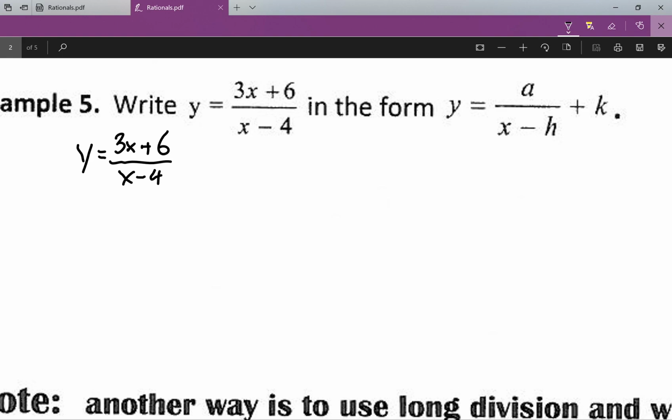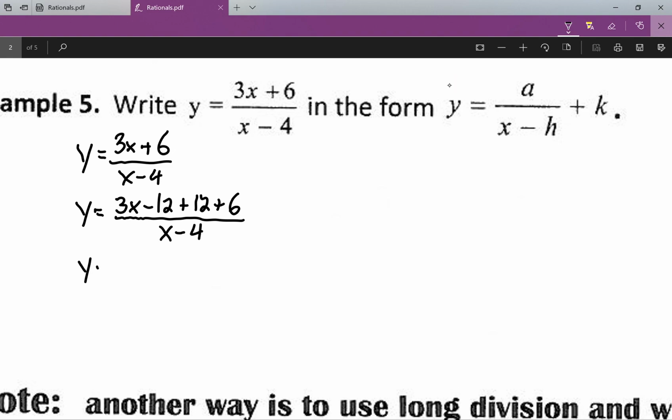Since I'm trying to match that x minus 4, I need to subtract something from the top so that I'm able to get this 3x to 3(x minus 4). And if we think about it, 3 times negative 4 is negative 12. So we're going to go 3x minus 12 plus 6, and then again, this is all over the x minus 4.